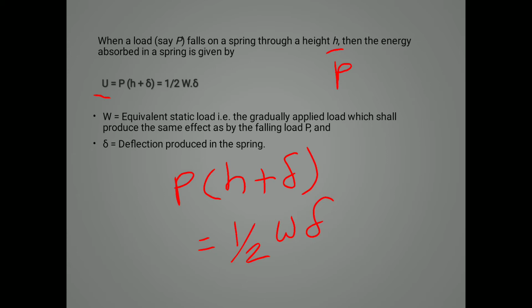So the W is the equivalent static load, that is the gradually applied load which shall produce the same effect as the falling load P, and delta is the deflection produced by the spring. So this is the formula which gives you the energy absorbed in the spring.